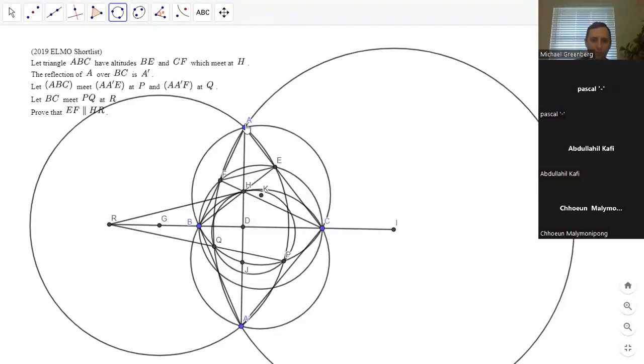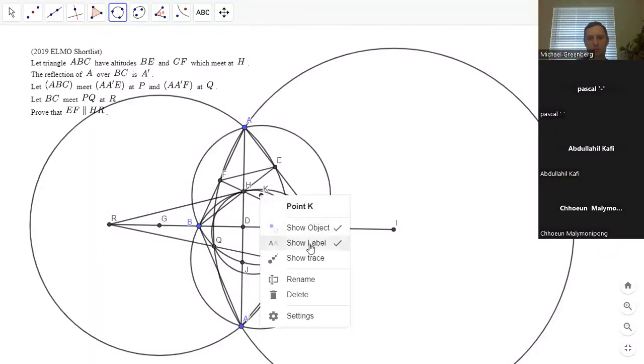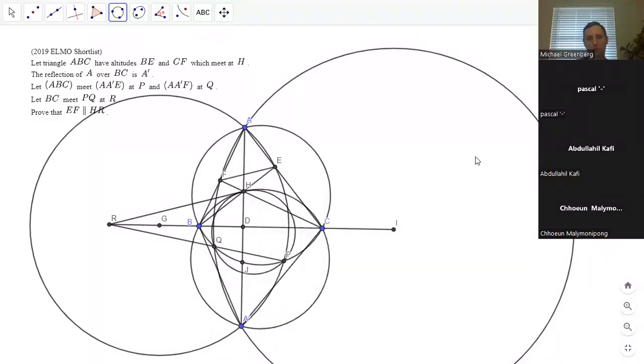So let me think about this. Or no, what if we do an inversion with radius square root of AF times AB?